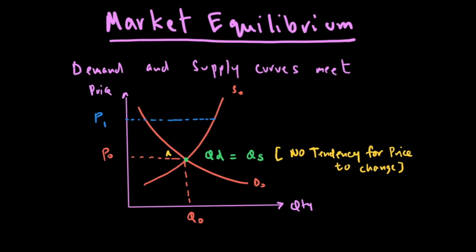In fact, at P1, this is the point where quantity demanded is, because remember, quantity demanded is the quantity bought at a particular price, while this is the point where quantity supplied is. So at P1, quantity supplied is greater than quantity demanded. In fact, we call this surplus production.